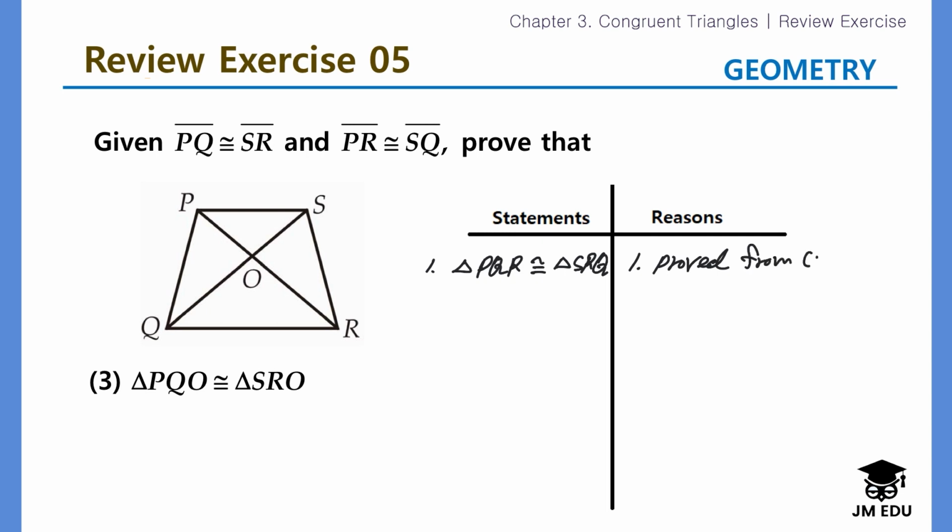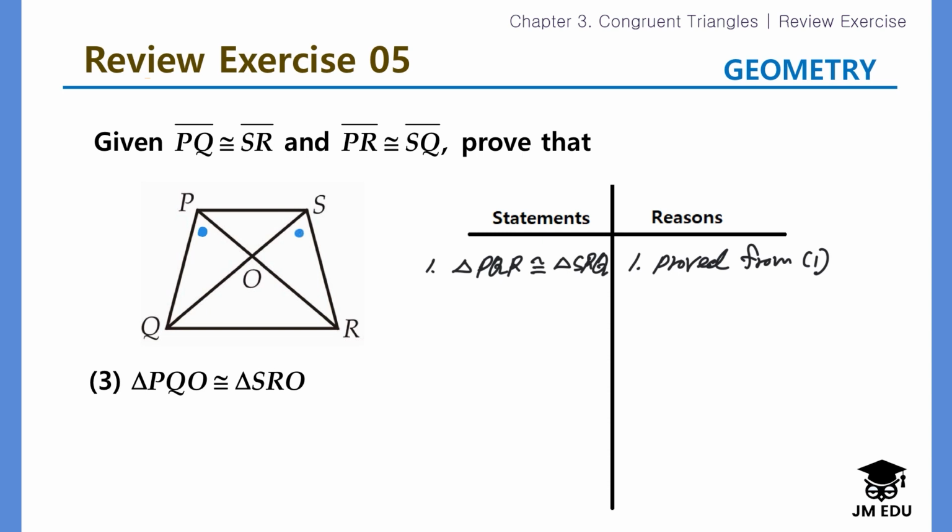If these two triangles are congruent, then by CPCTC, this angle right here and this angle right here are congruent, right?